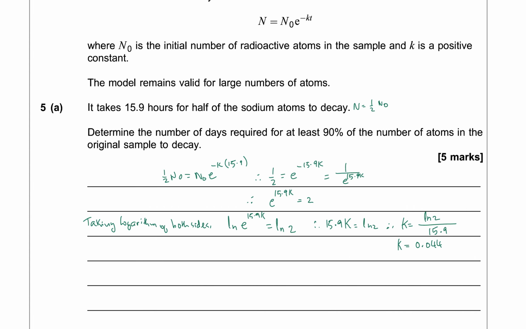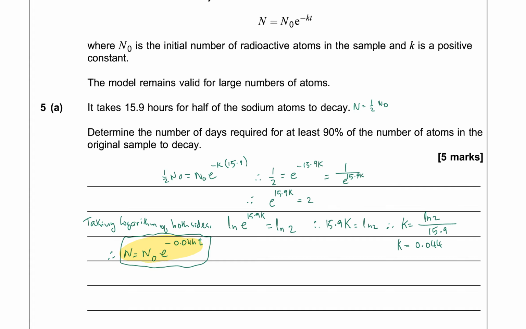So if k is equal to 0.044, the equation can be rewritten as N equals N0 multiplied by e to the power minus 0.044 times t. So this is the equation. Let me just highlight it a little bit so we know it stands out.